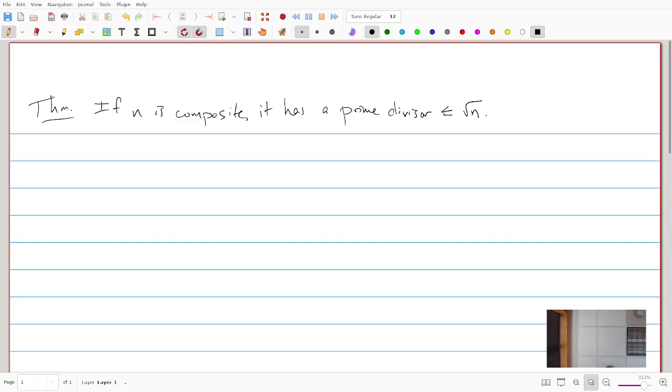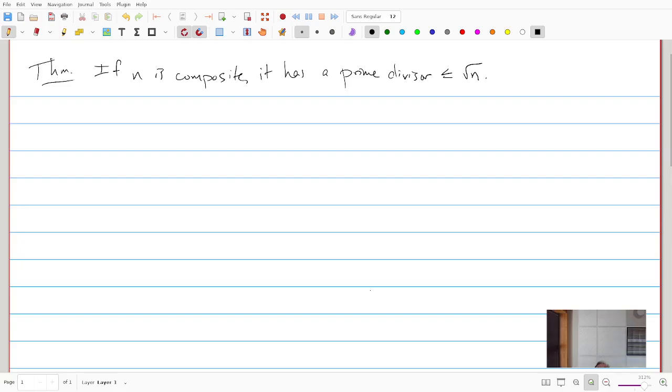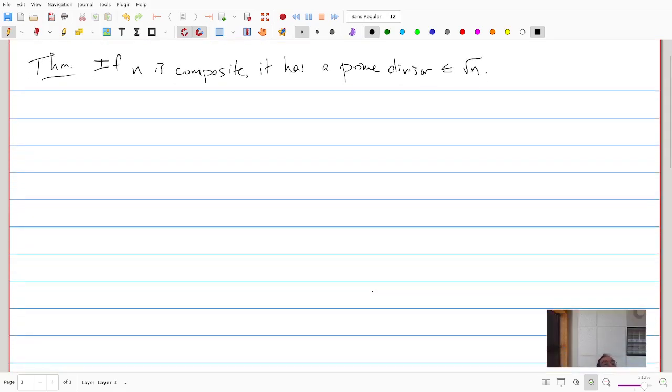For example, if you're testing a number less than 100, you only have to test primes less than 10. If it's not divisible by 2, 3, 5, or 7, then it's prime, because any number under 100 has a square root of at most 10. So you don't have to check 11 or 13.